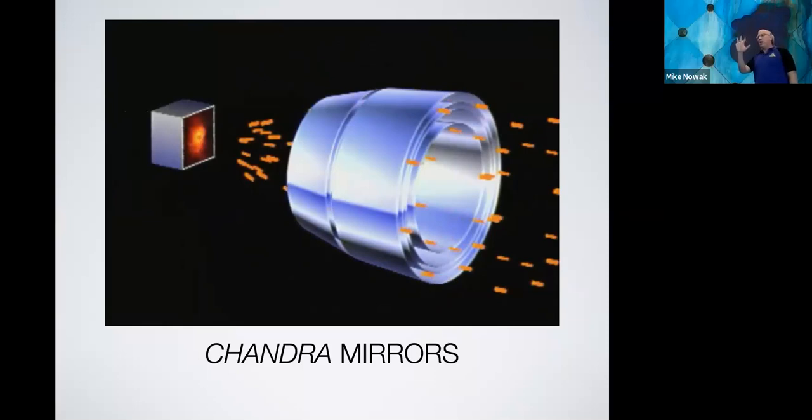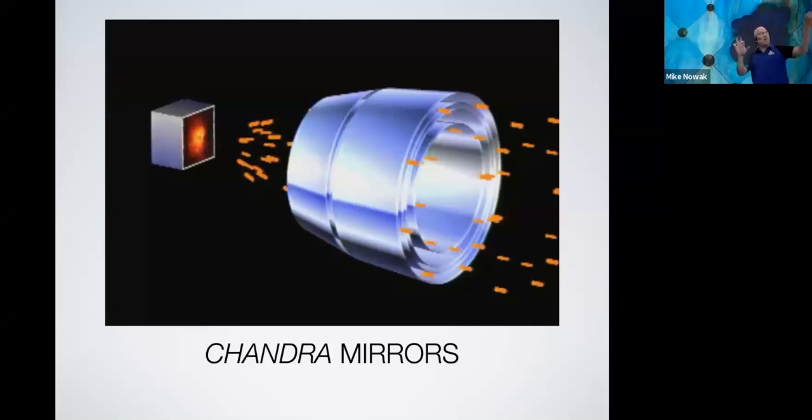But if I were to tilt my hand towards the side, my fingers start getting closer together, and you don't see the gaps between my fingers. So basically, if the mirror were face on, the X-rays would penetrate through and be absorbed in the back of the mirror. But if we tilt the mirror on the side, the atoms look like they're spaced very closely together, and the X-rays can reflect off of it.